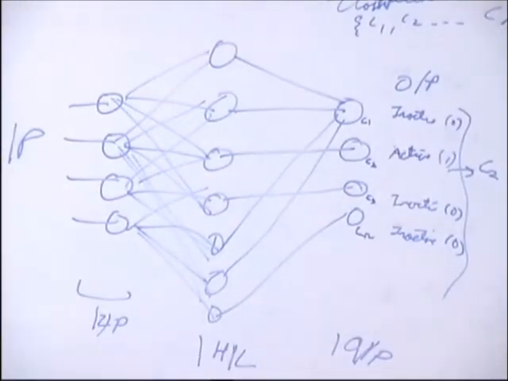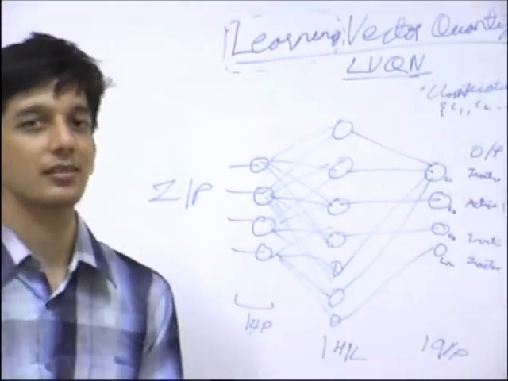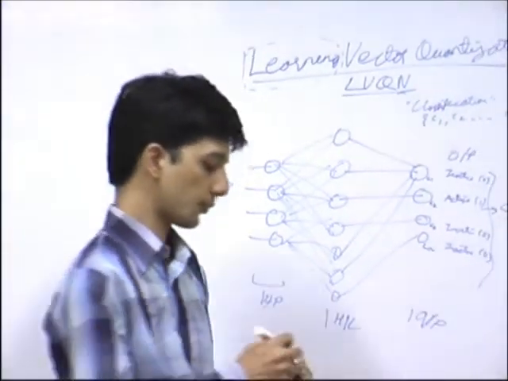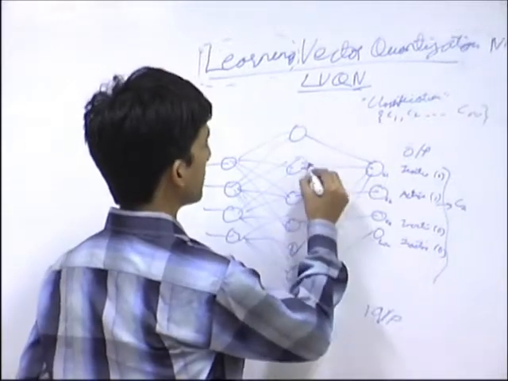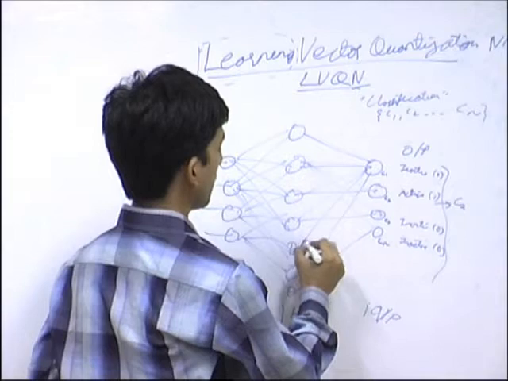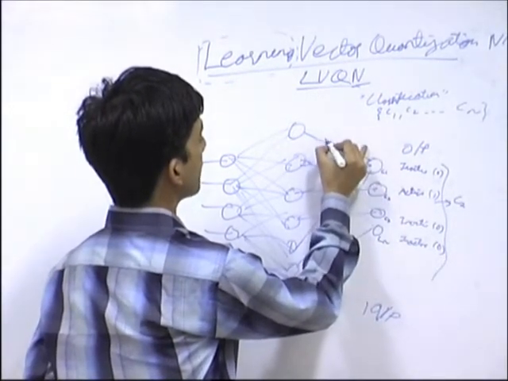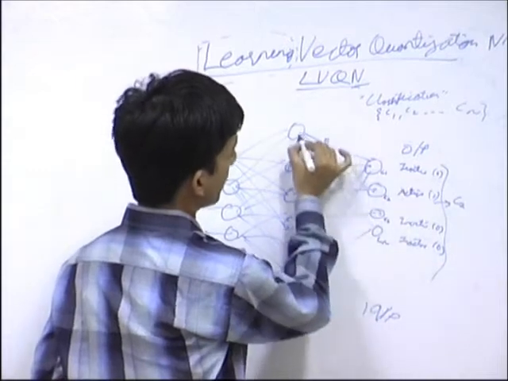So again, this is the kind of basic network architecture that exists. Let me again draw these connections. Each one of these will have a weight of 0 or 1.